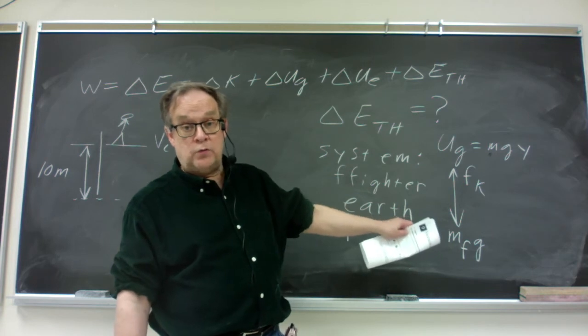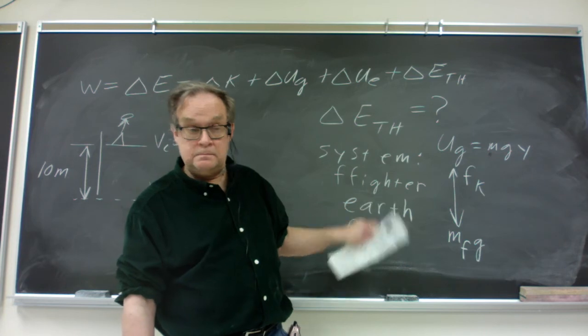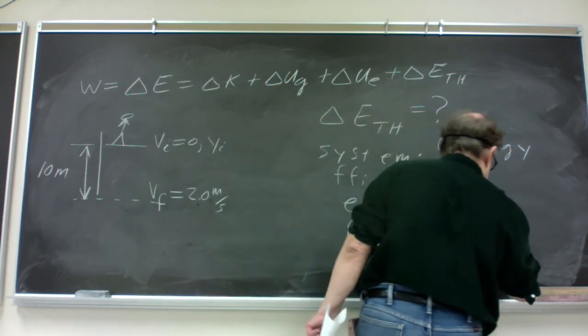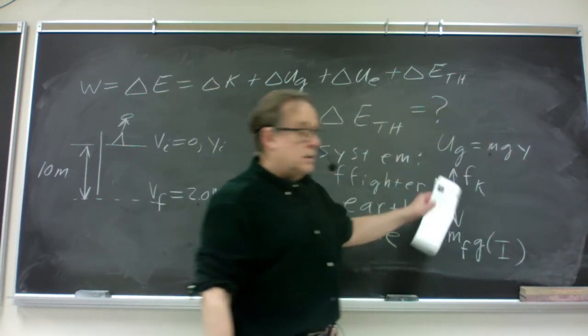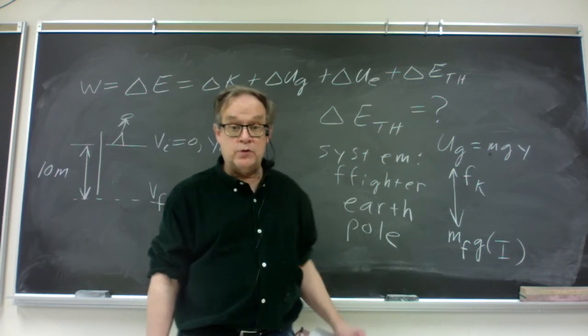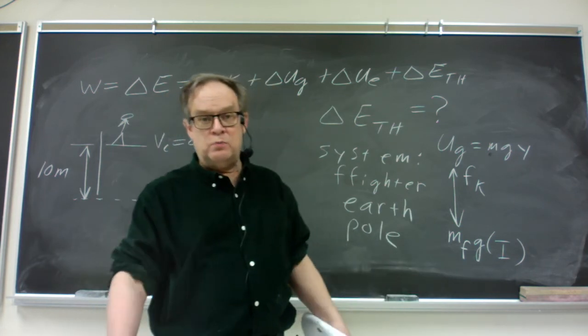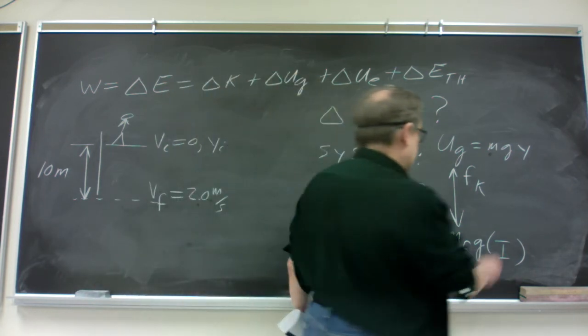Weight is an internal force because it comes from the Earth, and Earth is part of the system. Kinetic friction is an internal force also because it comes from the pole, which is part of the system, and acts on the firefighter, who is part of the system.